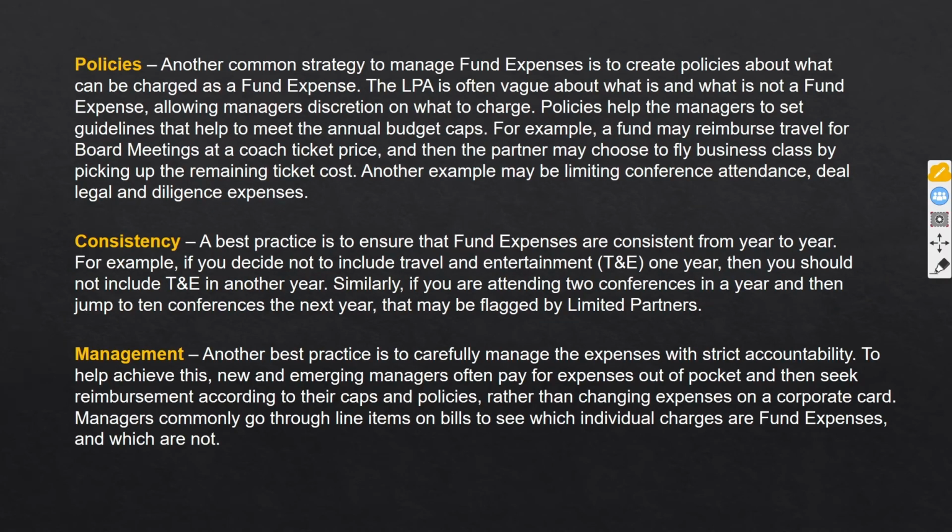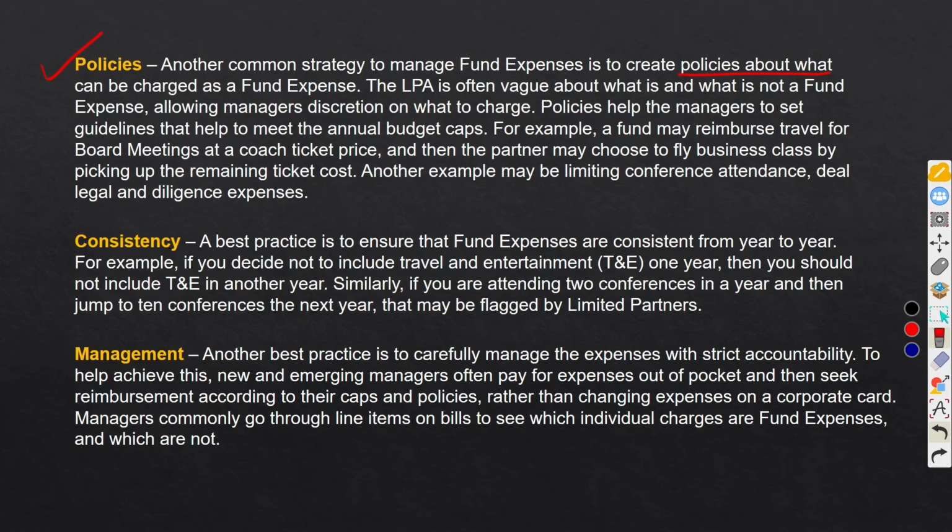The next strategy is to design policies around expenses. Another common strategy to manage fund expenses is to create policies about what can be charged as a fund expense. The LPA is often vague about what is and what is not a fund expense, allowing managers discretion on what to charge.